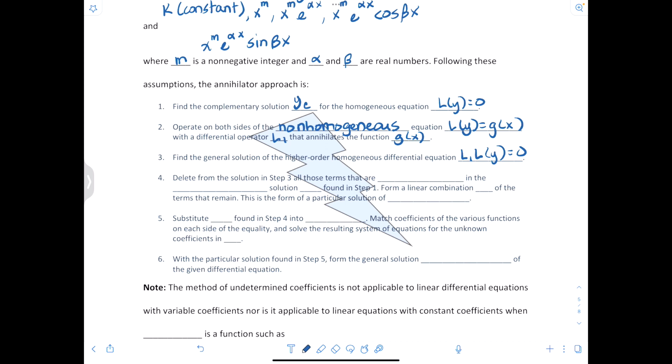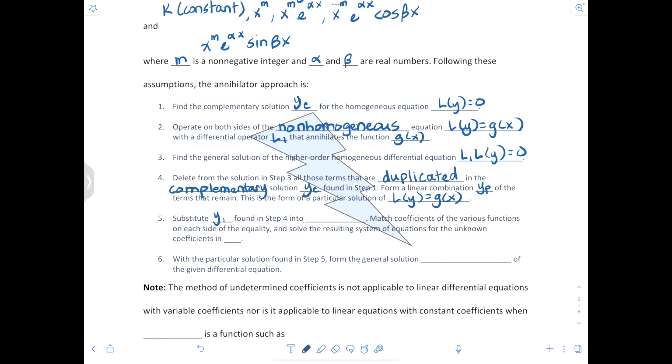Delete from the solution in this last step 3 all those terms that are duplicated in the complementary solution yc found in step 1. Form a linear combination yp of the terms that remain. This is the form of a particular solution of L at y equal to g at x.